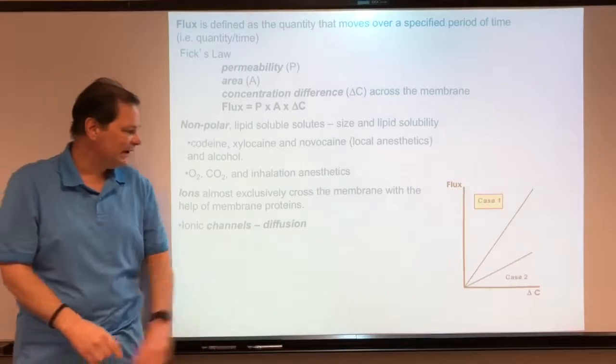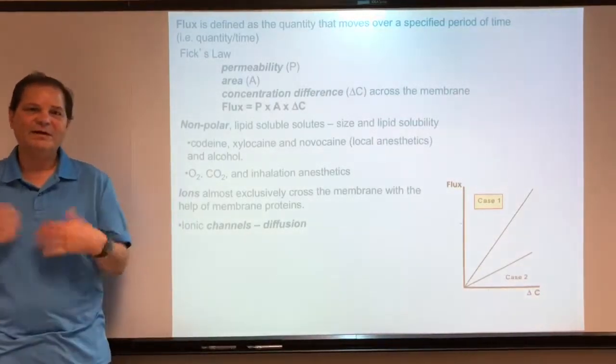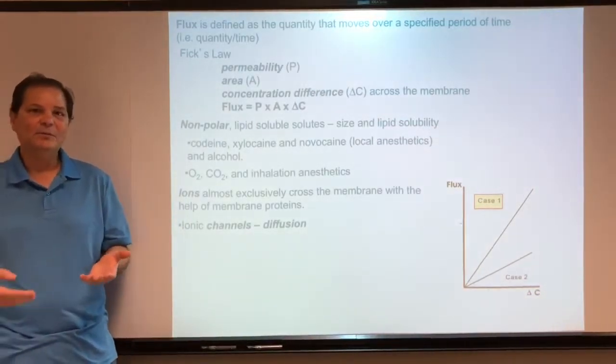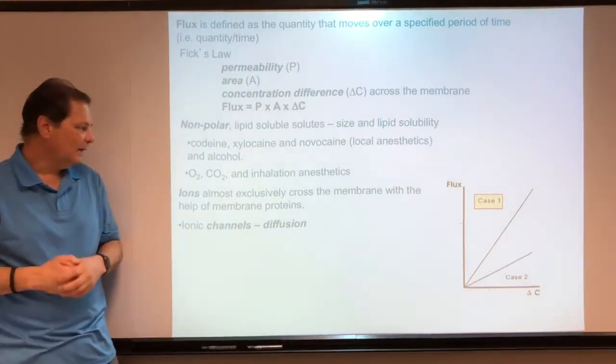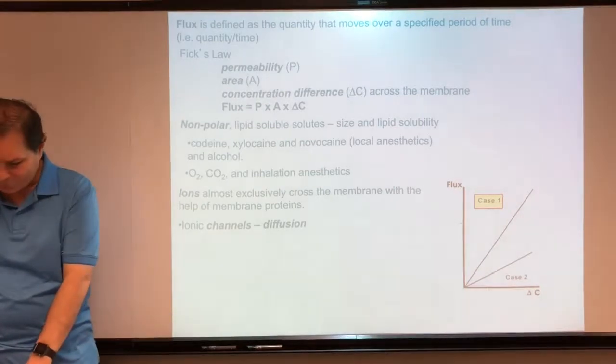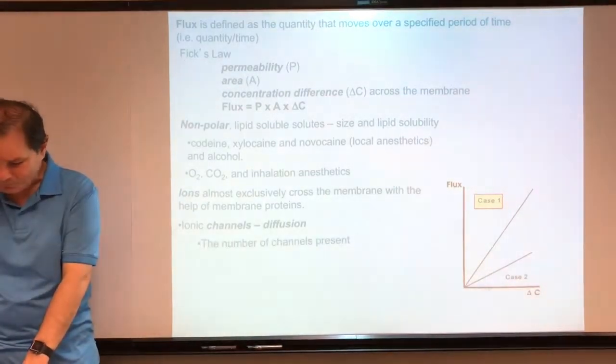Okay, so ion channels, this is basically, you should recognize, a special case of diffusion. You're moving from high concentration to low concentration through the channel. Okay, so this is facilitated diffusion.